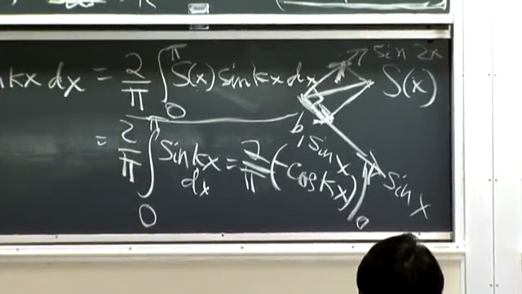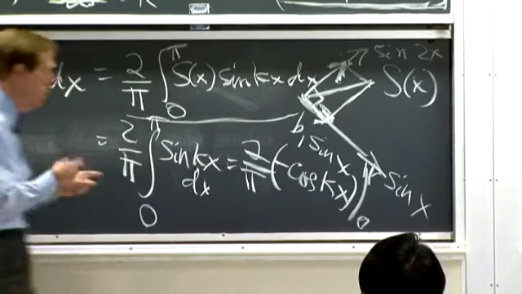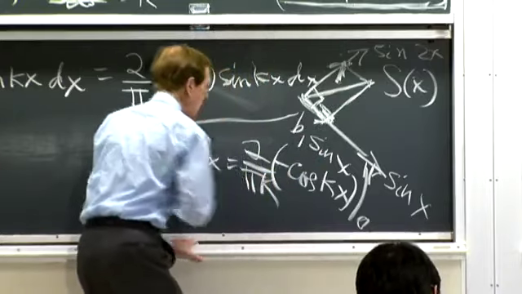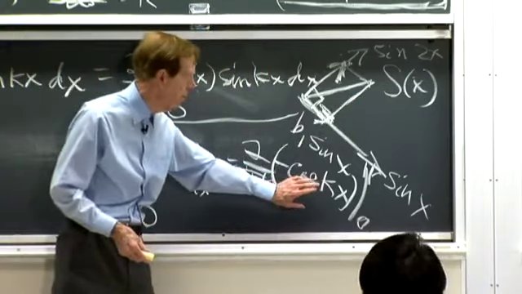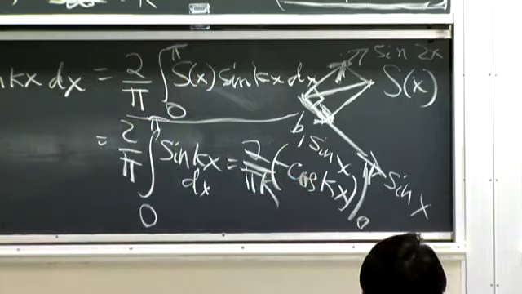Most important point. The integral of sine kx is not minus cosine kx. I have to divide by k. It's that division by k that's going to give me the correct decay rate. 2 over pi k. All right, now I've got a little calculation to do. I have to figure out what is cosine kx. At 0, no problem, it's 1.